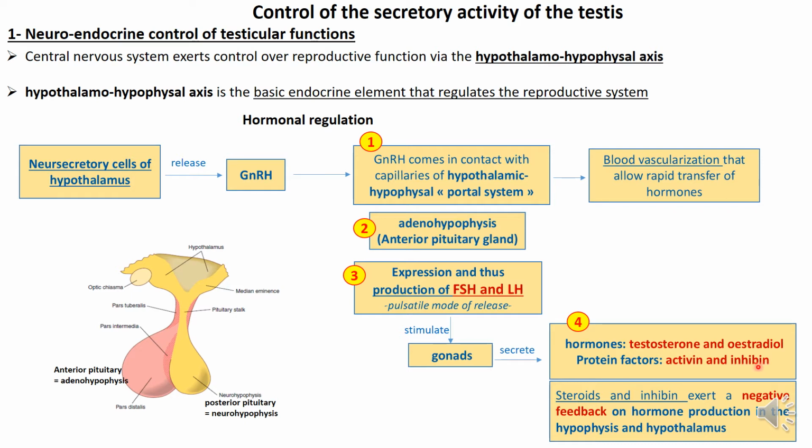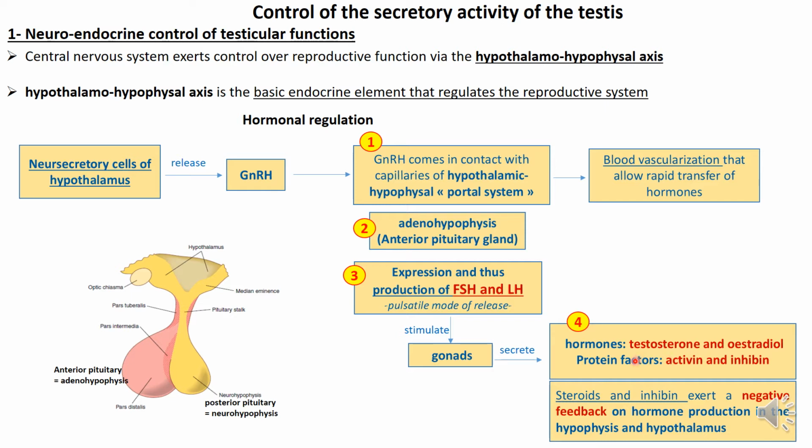The testosterone is produced by the Leydig cells, and the activin and inhibin by the Sertoli cells. The estradiol is mainly produced from testosterone. We also have DHT, which is produced by the Sertoli cells from testosterone.